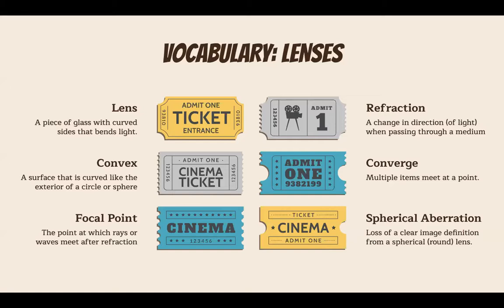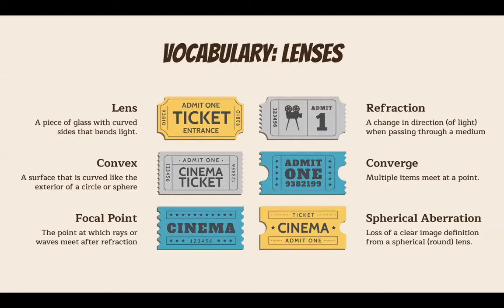A focal point is the point at which rays or waves meet after refraction. We'll talk about refraction in a second. But what happens is when light comes through a curved convex lens, it comes in and then bends in a different direction.